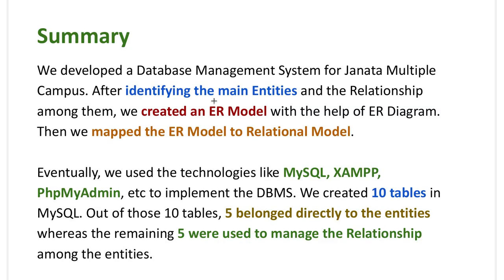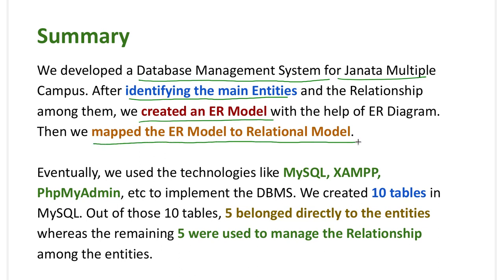So finally we will be writing the summary of the project, and this you can obviously write in your own language, your own words. For this project, what I have written is, we have developed a DBMS system for this campus, and at first we identified the main entities, created the ER model, and mapped the ER model to the relational model.